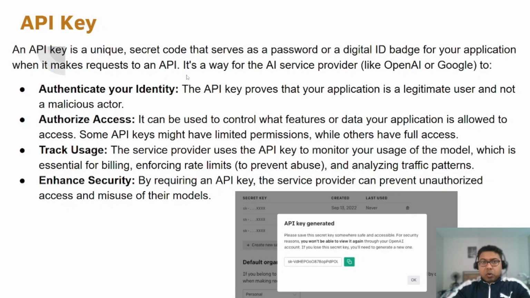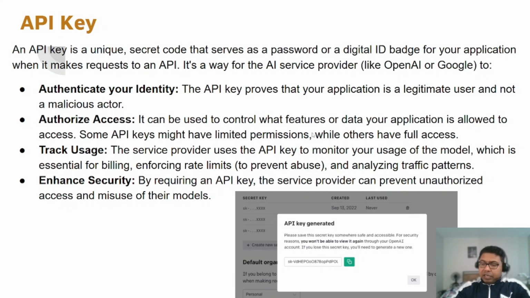So when we think that we will be using, say, OpenAI or ChatGPT, right, we have to go to ChatGPT, we have to register ourselves, say with our email ID and password, and then we have to create an API key. So if you see this screen below, there's this image. This is where we have generated the API key.